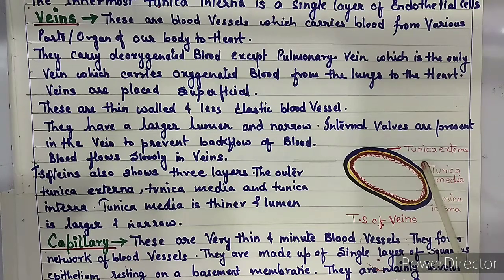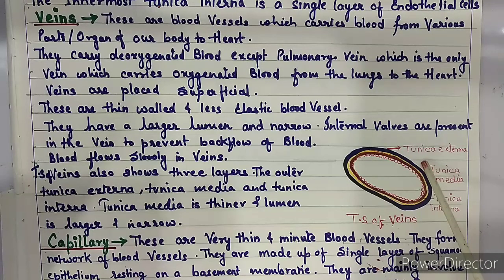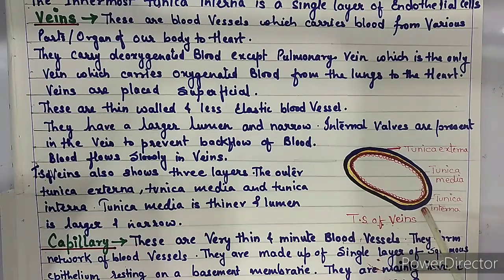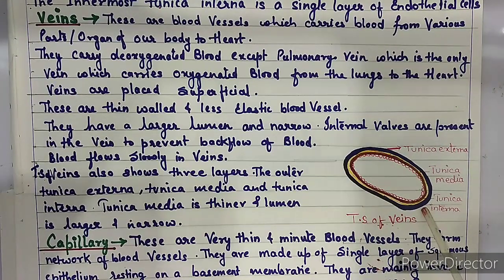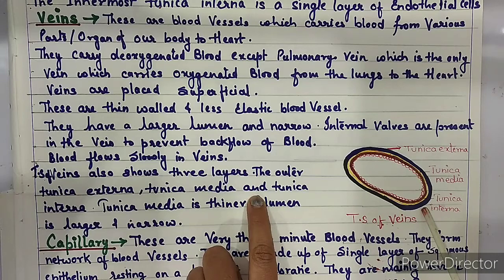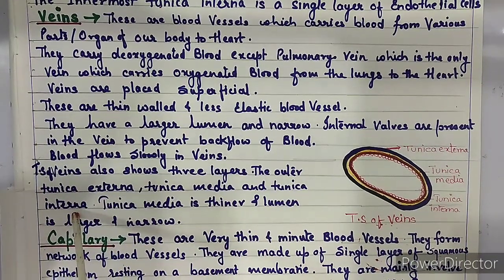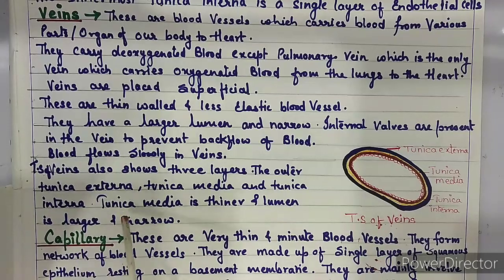The outermost layer is called tunica externa. The middle layer is called tunica media. Here in case of veins, the tunica media is very thin as compared to that of the artery. And the innermost one is tunica interna.